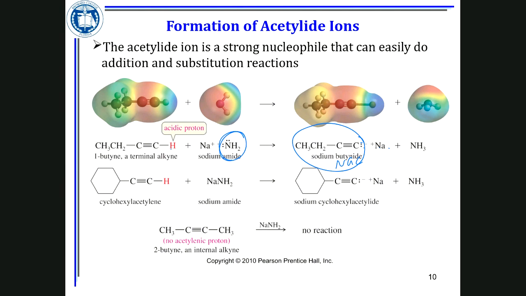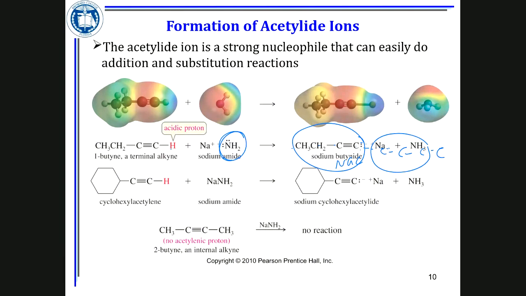How many carbons? Depends on what they told you. If they told you to make an alkyne with 8 carbons, you already have 4 here. You bring the butyl bromide, and with the butyl bromide, you are going to add 4 more carbons here. If you want to make an alkyne with 7 carbons, you only bring an alkyl halide with 3 carbons.